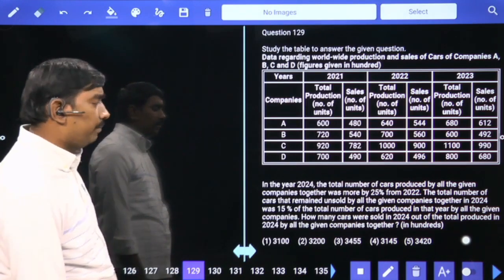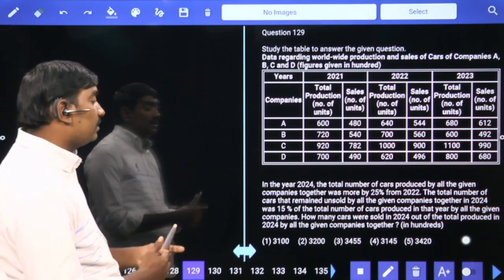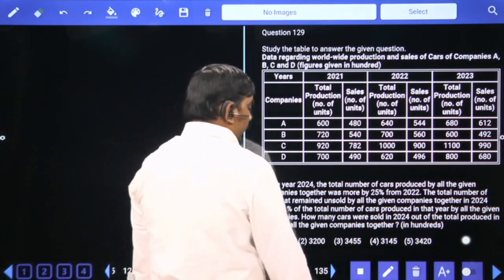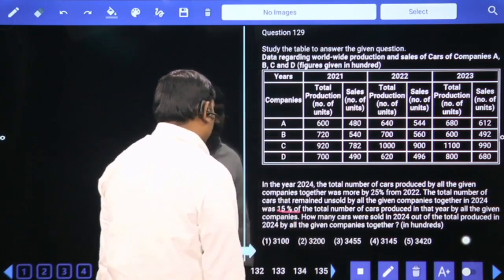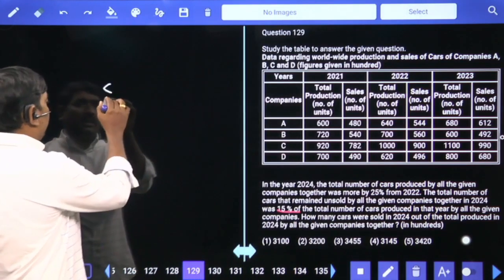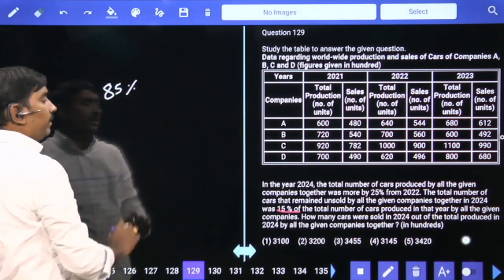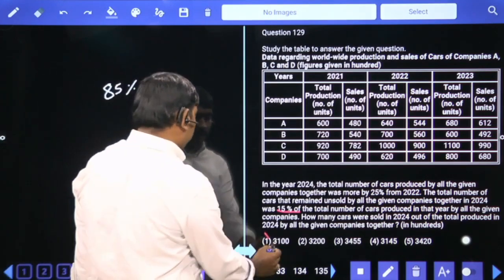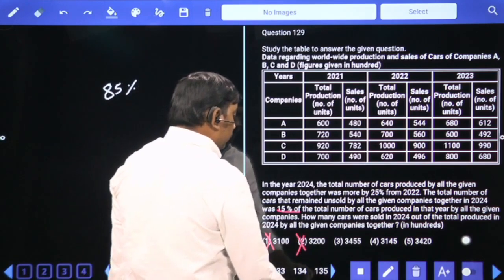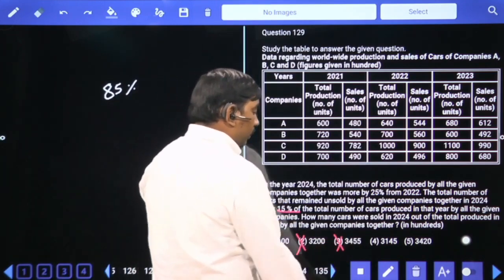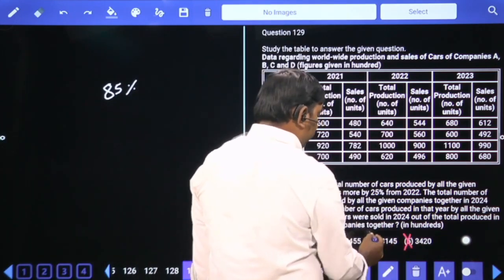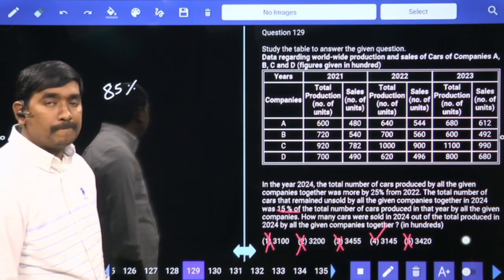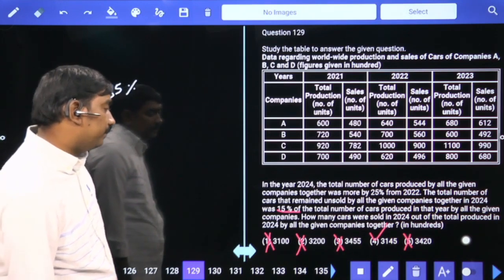How many cars were sold in 2024? Directly, if you want to say the answer, 15% were unsold, then sold items are 85%, which is a 17 multiple. Our answer should also be a 17 multiple. First option no, second option no, third option no, fifth option no. We can say fourth option is your answer, a 17 multiple.